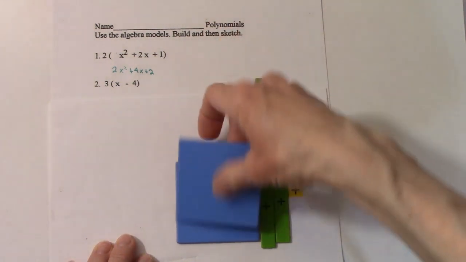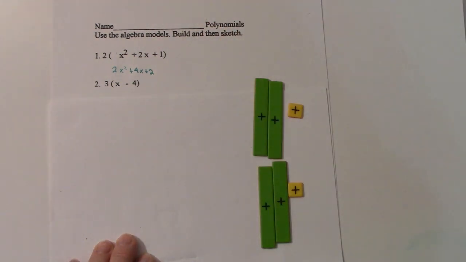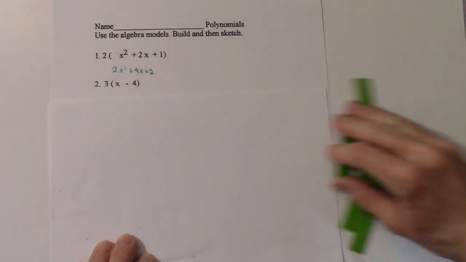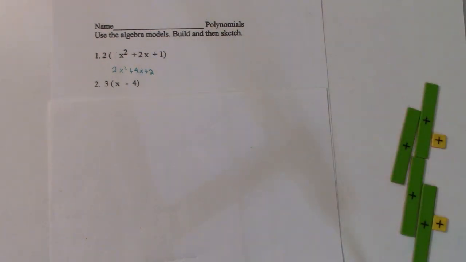For the next example, we have 3 times the quantity x minus 4. So when we go to build the x minus 4, what we're going to do first is change that to plus and negative, because that allows us the ability to change the order.